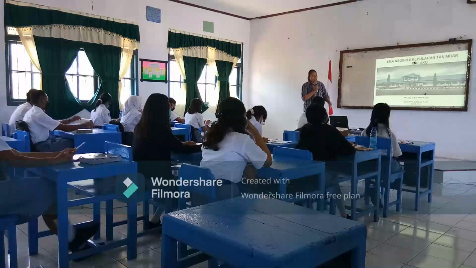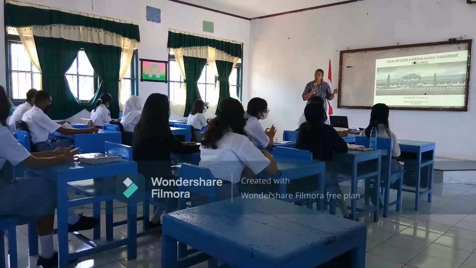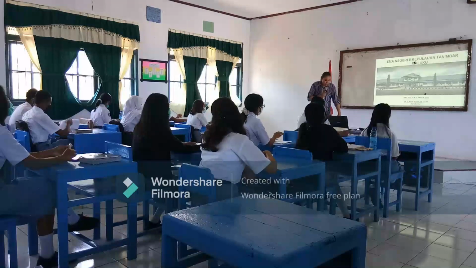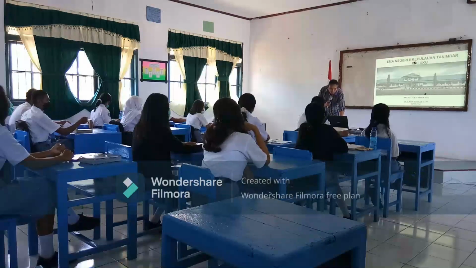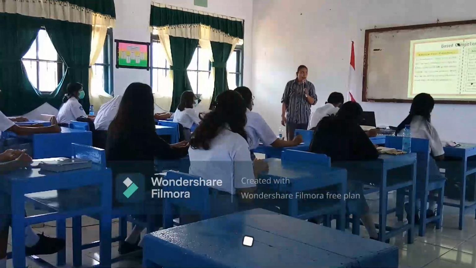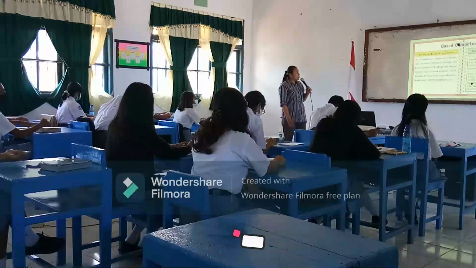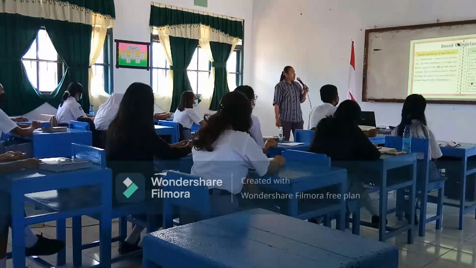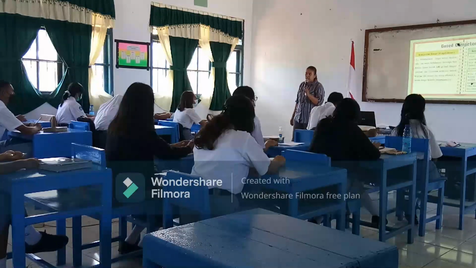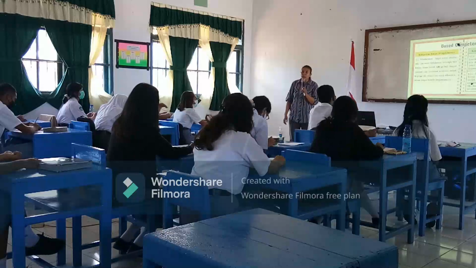Let's see in your whiteboard. This is the screen that I have shown to you about the material for this afternoon. Before that, I want to tell you once again, the basic competence for this afternoon is about distinguishing the social function, text structure, and language features of some specific texts in personal letters.